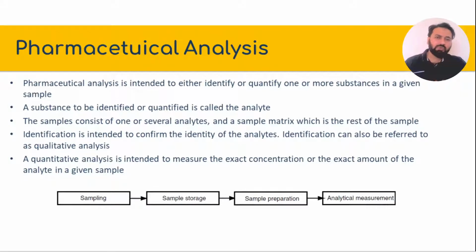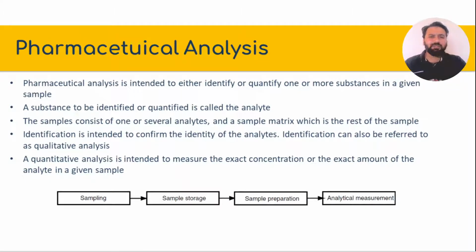The sample storage is also very important, and the reason behind it is to avoid compositional changes of the sample during storage. So to protect the sample, it should be stored at very low temperature, protected from light, in a refrigerator, or sometimes also in a freezer.